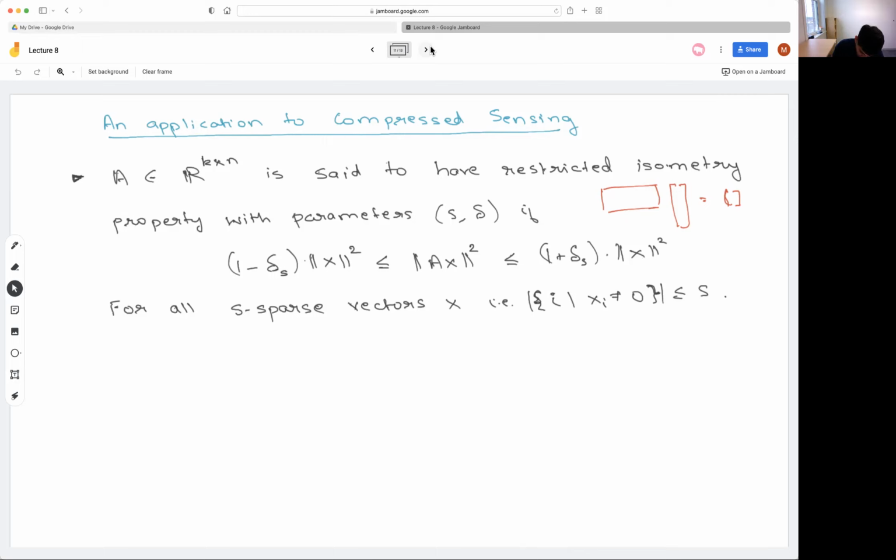In particular, vectors which have at most s non-zero coordinates is what we will call s-sparse. And it turns out that what you really need is some notion of what it means for this measurement, or this linear transformation A, to preserve the information about this sparse vector x. So even if we store just A times x, we have all the information we need.